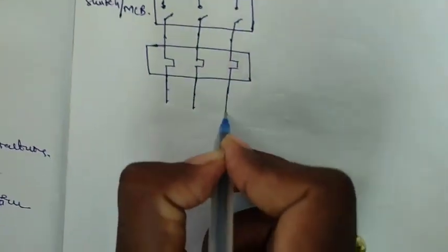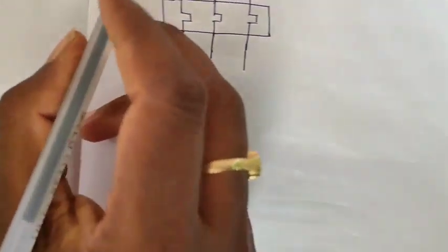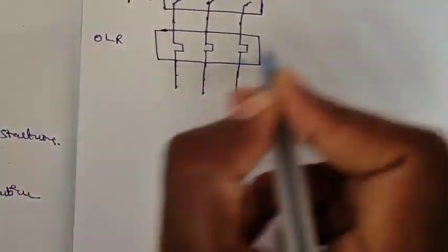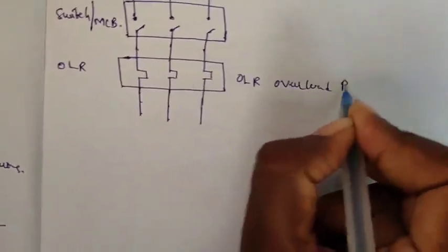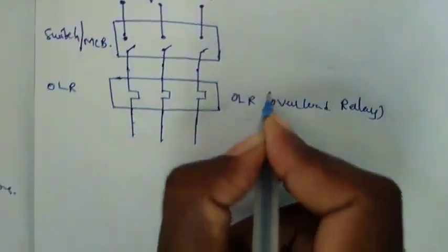This one is overload relay, OLR. OLR indicates overload relay.